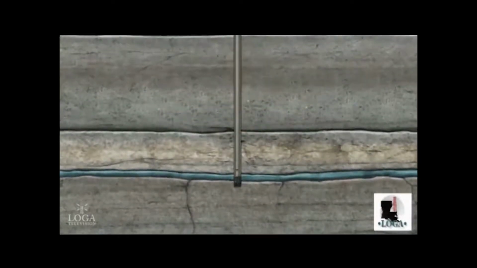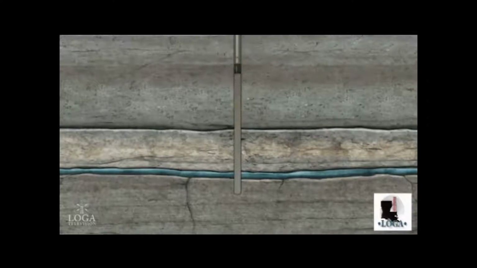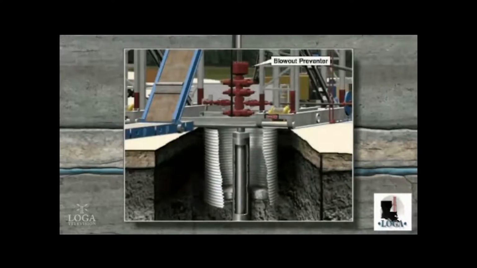Similar to a vertical well, the hole is drilled to just under the deepest fresh water near the surface. The drill pipe and bit are then removed. Surface casing is inserted into the drilled hole to isolate the freshwater zone and also serves as a foundation for the blowout preventer, a safety device that connects the rig to the wellbore.